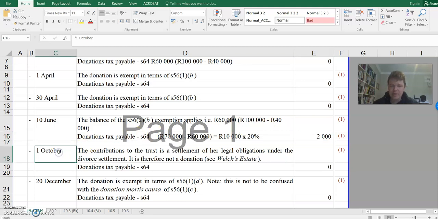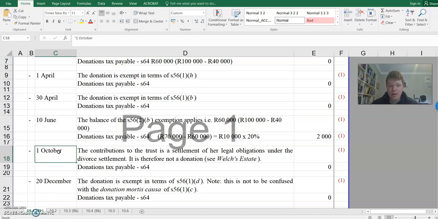Awesome. You were then told on the 1st of October that she got divorced in July and was required to pay her husband 20,000 Rand per month for the rest of his life. The accountant calculated this to be present valued at 1.5 million. She formed a trust, put this money into a trust, and left it there for the husband to get.